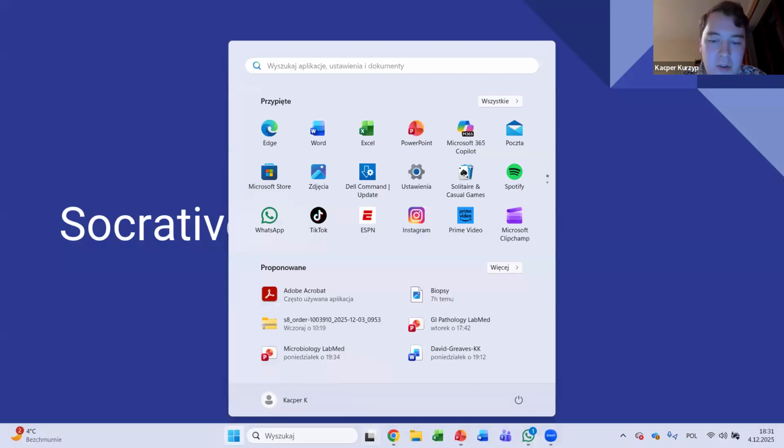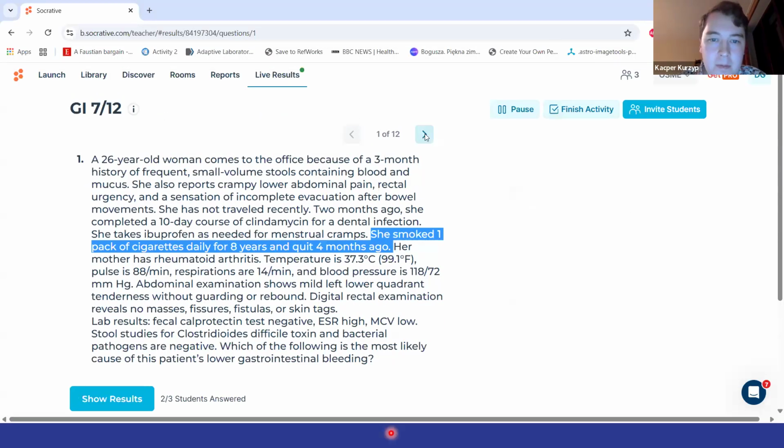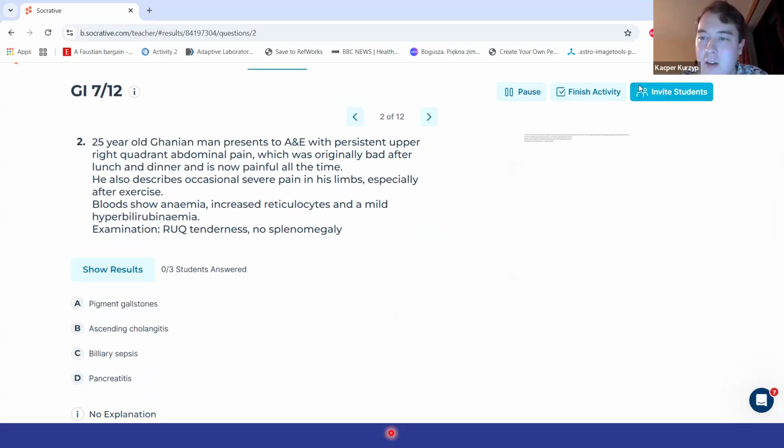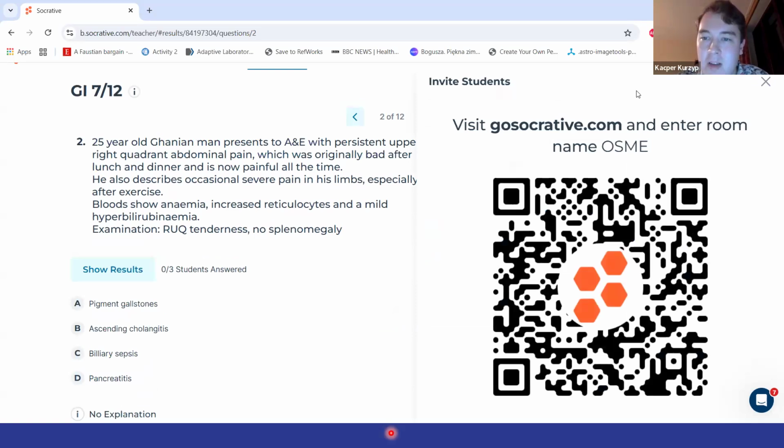Okay, let's do another Socrative. Hopefully it should be appearing on your devices. Again, please do scan the QR code and join if you haven't joined already. Now we have a few more people. Again, there is a QR code or enter the room name Osmi. And please try to tackle this question, which is a little bit easier than the previous one. Or at least I hope so.